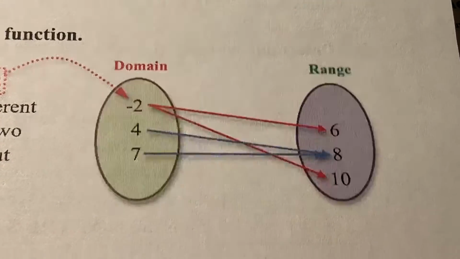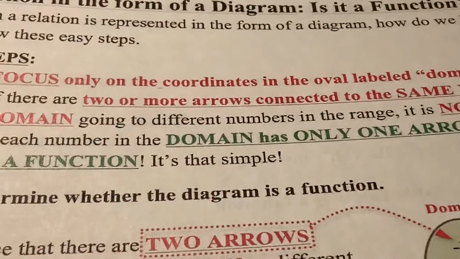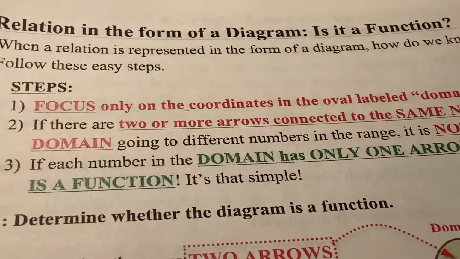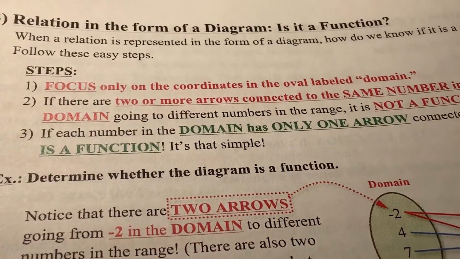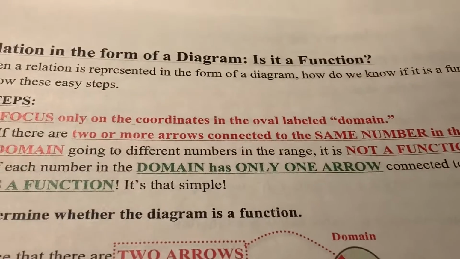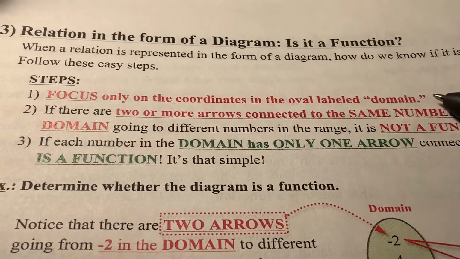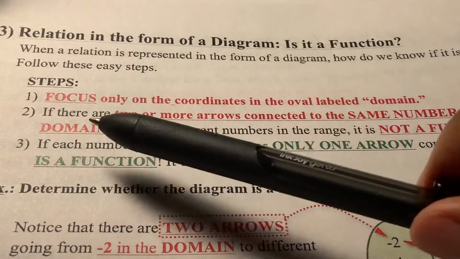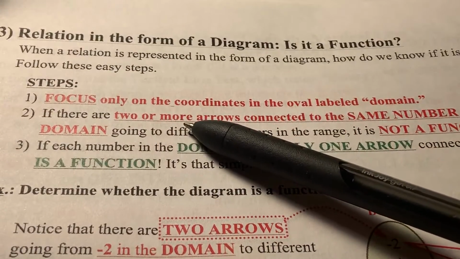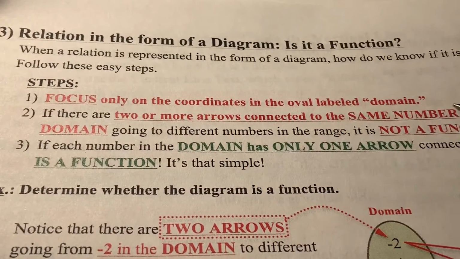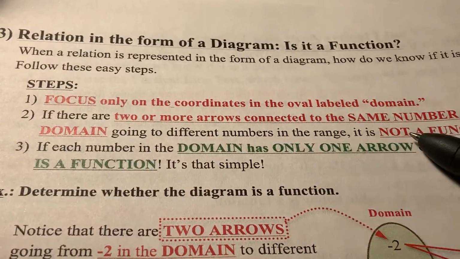Because you just said, let's look back, focus only on the coordinates in the oval labeled domain. If there are 2 or more arrows connected to the same number in the domain, then it is not a function.